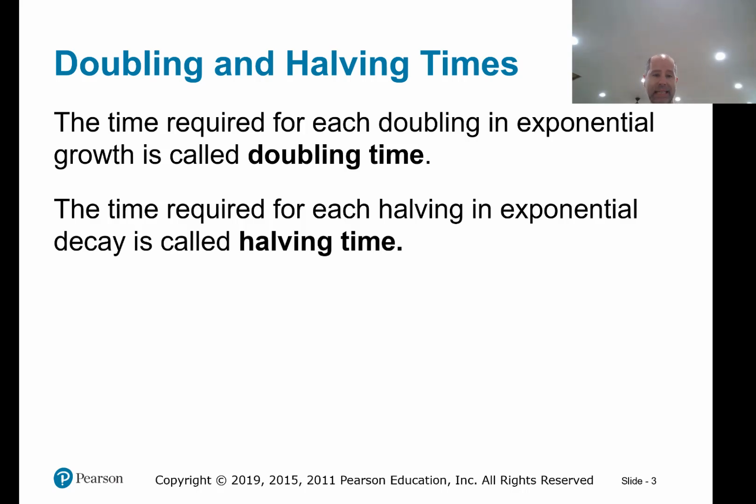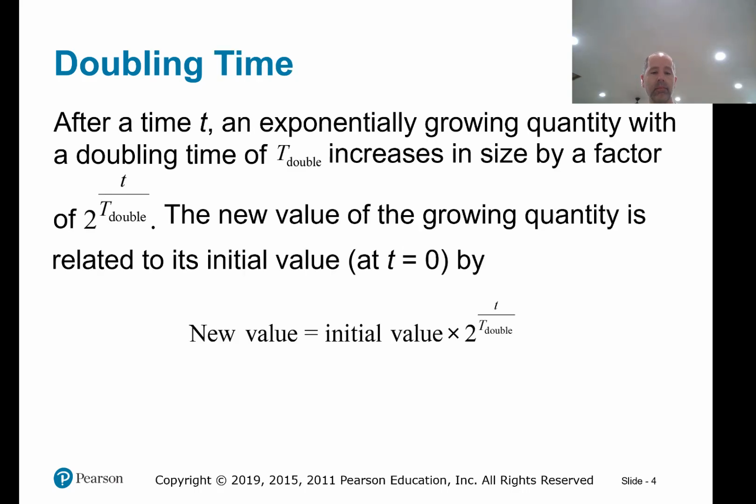Okay, so that's with decay. So when we talk about exponential growth, we'll talk about doubling time. When we're talking about exponential decay, we're talking about the halving time, or when we're talking about radioactive materials, we call it half-life.